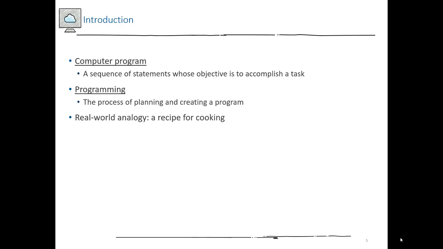You don't just start cooking without planning. So similarly, writing a program is the same way. You got to plan it. You got to make sure you have the necessary tools. Then you have to have the algorithm, which is the recipe, and then you write code.